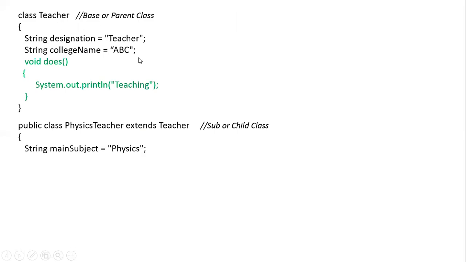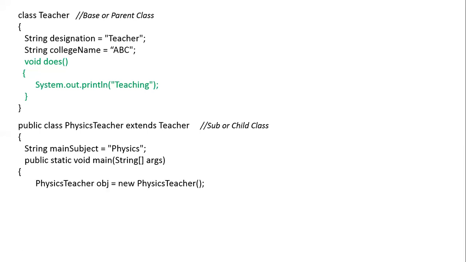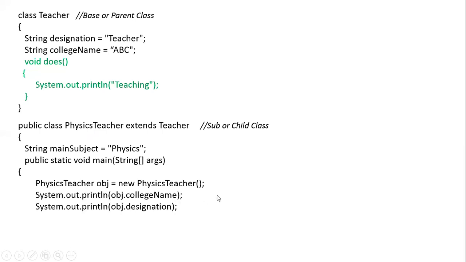Now this child class has its own variable, main subject, that is physics, and a main method. In the main method we have created an object of this child class, and using this object we are printing the variables of the parent class, designation and college name, as well as the variable of the child class.